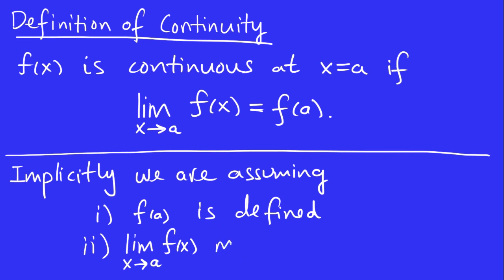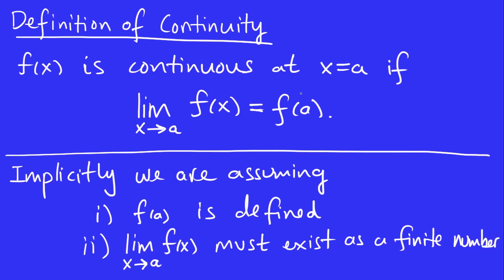So this limit on the left-hand side must exist as a finite number. So f of a is some number, the value of this limit is some number, and if it so happens that those two quantities are equal, that's what it means to be continuous at x equals a.